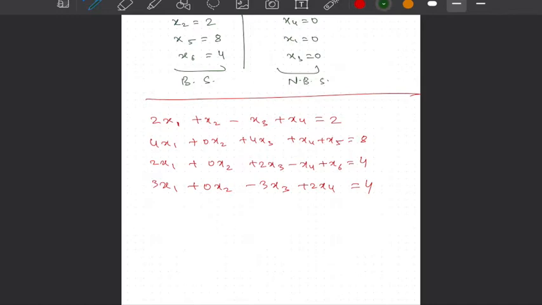So we will update the coefficients when we do the pivoting operation as 3x1 plus 0x2 minus 3x3 plus 2x4 minus f equal to 4.